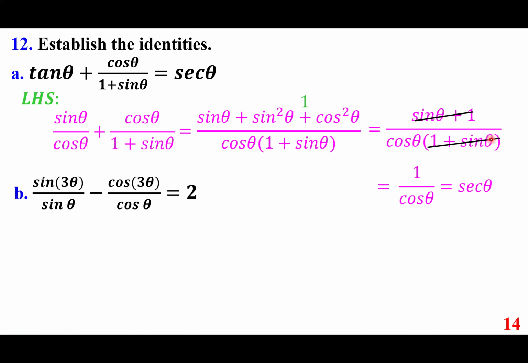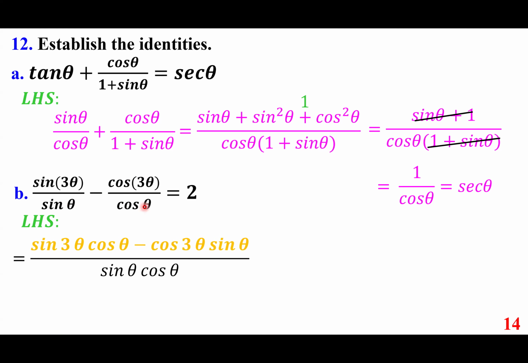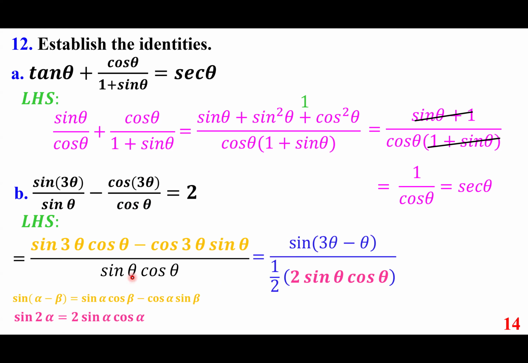What about this one? Again, we start with the left-hand side, and we take a common denominator. That means we're going to multiply this one by this one, minus multiply this one by this one, and the denominator is sine theta cosine theta. I hope you recognize this as sine alpha cosine beta minus cosine alpha sine beta, which is sine of alpha minus beta, or sine of 3 theta minus theta, and this is half of that, so it's half of 2 sine theta cosine theta.